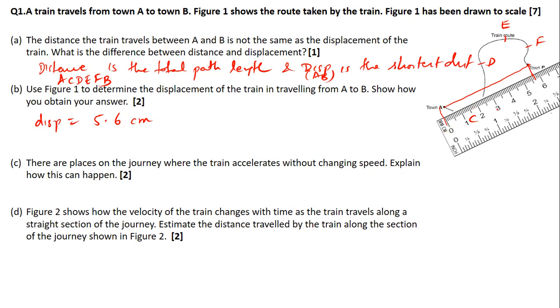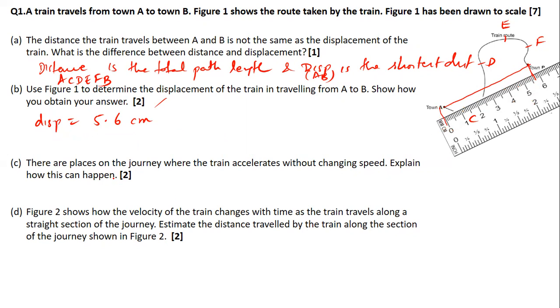You need to put the scale here and say that a scale has been put between point A and point B, and the distance between them is determined by keeping the point A at the origin of the scale, and we see that the marking of the scale corresponding to 5.6 was pointing towards the point B, and as a result we got it. Just giving displacement equal to 5.6 centimeter will not help you out, but you need to write the description also here, right? Okay, now let us go to the next one.